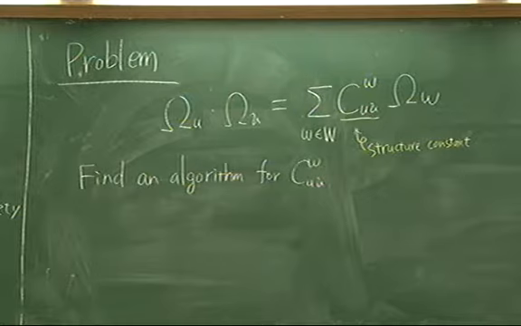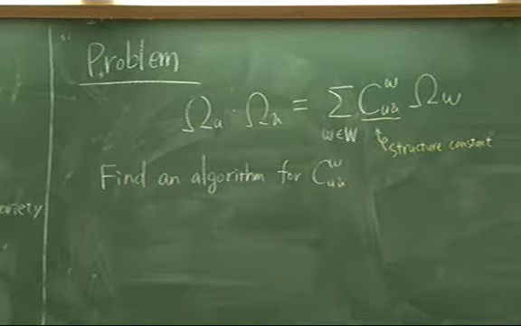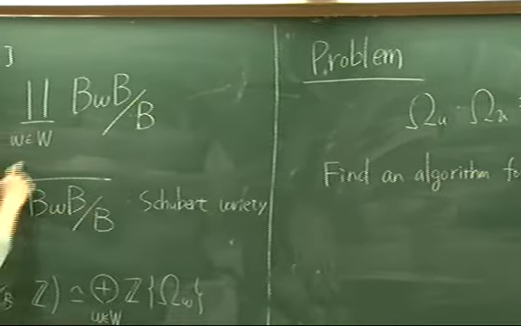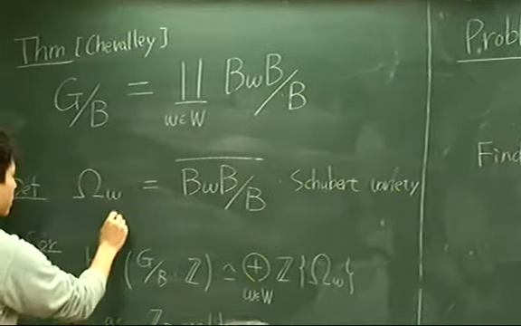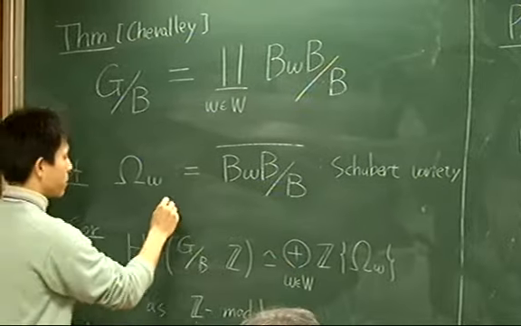Since we defined the Schubert variety as a B orbit, this Schubert variety is T stable.